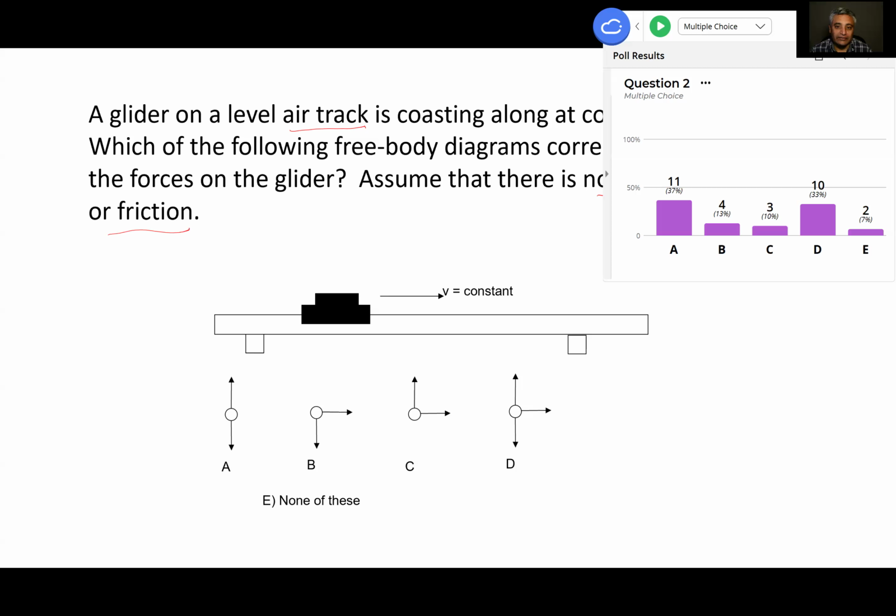So yes, applied force, nothing pushing or pulling it. There is no string attached, right? And so that's one way to look at it.